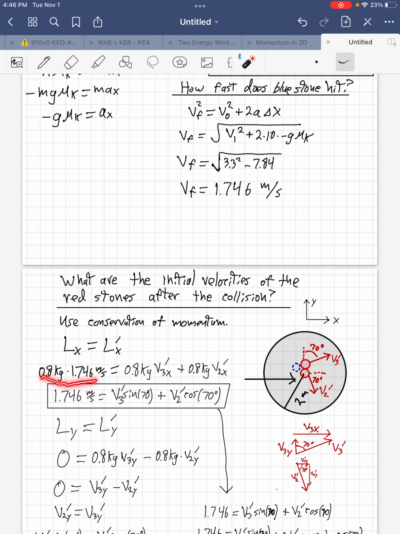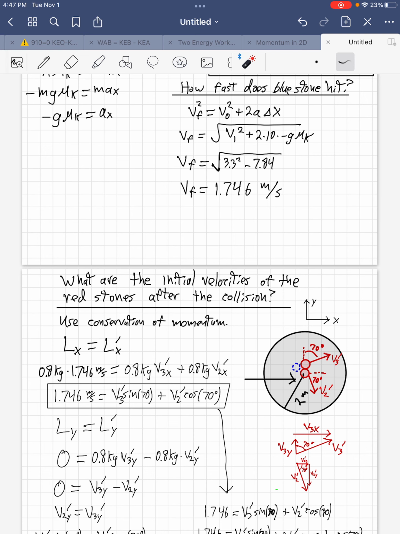That's our momentum before the collision. So that's going to equal the momentum in the x direction after the collision, which comprises the movement of the two red stones, since the blue stone has a velocity of 0 after the collision, we said.